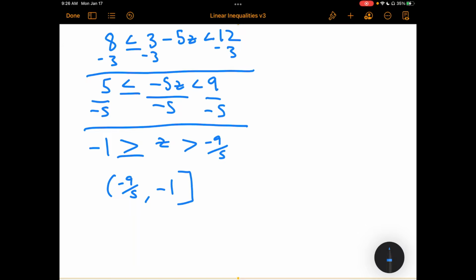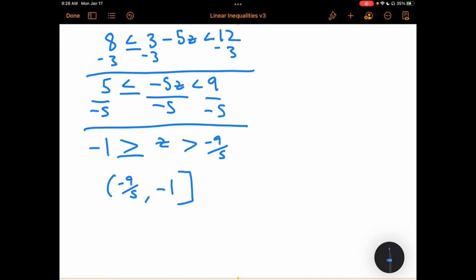So the bracket means you can include that number, so z could be negative 1. And it can also be any number between negative 9 over 5 and negative 1. It's an infinite amount of decimals, but that's what z is.